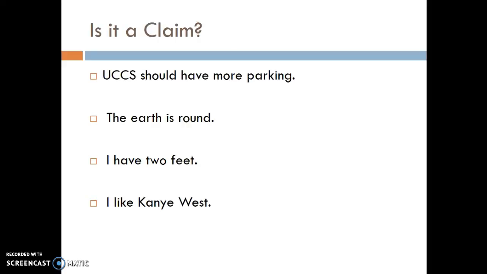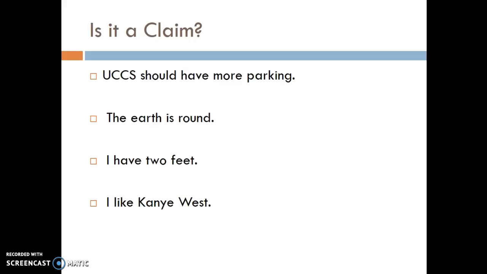So one of the trickier parts of talking about claims and evidence, and I think one of the problems students face often when they try to write thesis statements, is that it can be hard to identify whether something is a claim or not. So if we start with something like UCCS should have more parking, that's fairly obviously a claim. We talked in class about the Earth being round and how there are people around the globe who might dispute that.